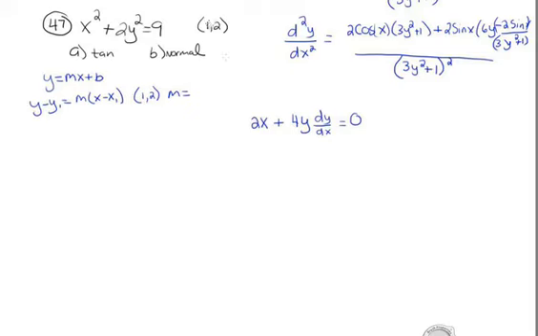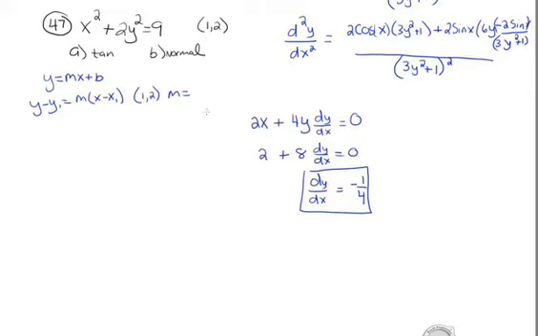Let's just do it now. x is 1, y is 2. So x is 1, this becomes 2 times 1. 4 times 2 becomes 8 dy dx equals 0. Some quick algebra, and I get that dy dx equals, subtract the 2, divide by 8, negative 2/8, negative 1/4. I hope.